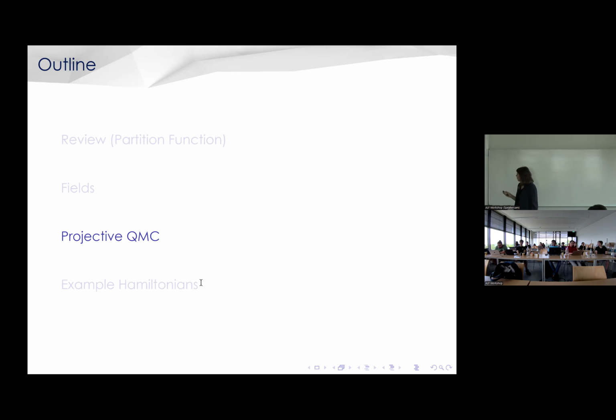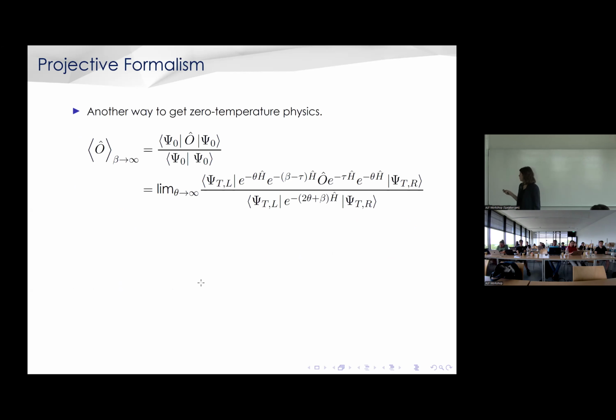Okay. So with that in mind, let's move on to the projective QMC version of Fermion auxiliary field Monte Carlo. Yesterday, when we were talking about how to get to zero temperature physics, we were looking at the partition function and taking the trace of e to the minus beta H, where beta is the inverse temperature.